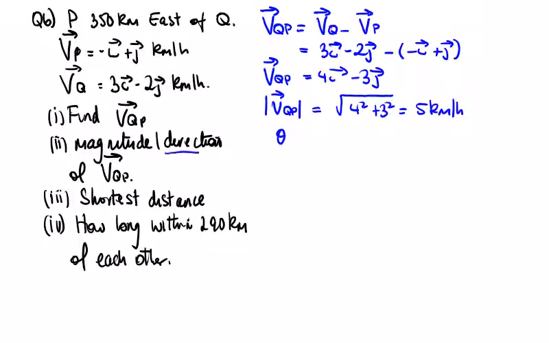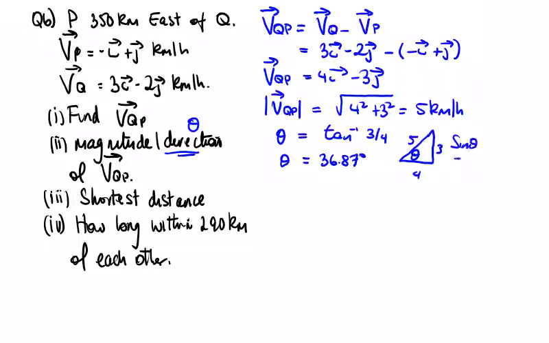Theta, the direction, is equal to the inverse tan of 3/4, which is 36.87 degrees. Because this works out evenly, let's just put it into a diagram. Opposite over hypotenuse: sine theta, which we'll need for shortest distance, is 3/5.